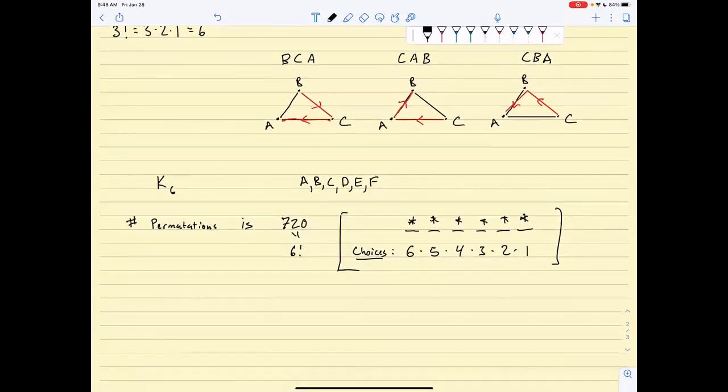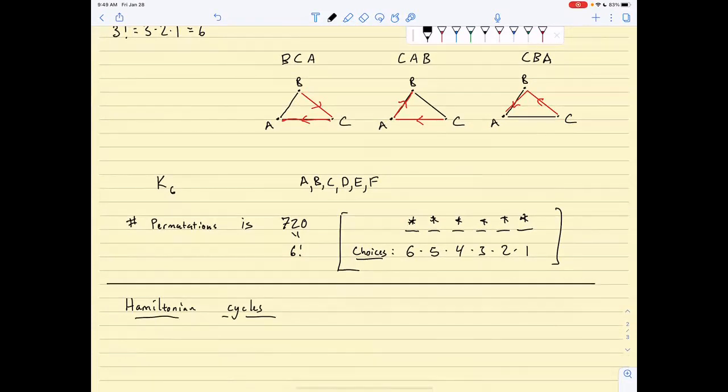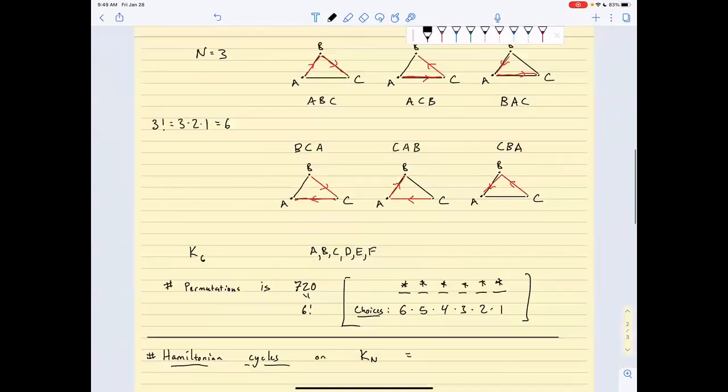Now, what about Hamiltonian cycles? So the number of Hamiltonian cycles on Kn, anyone guess?